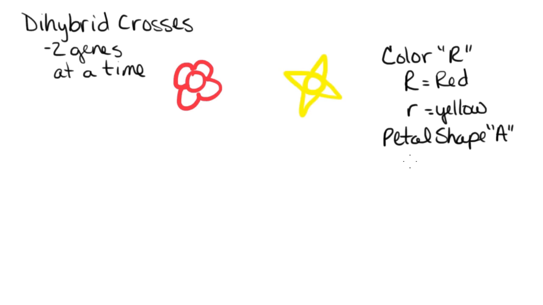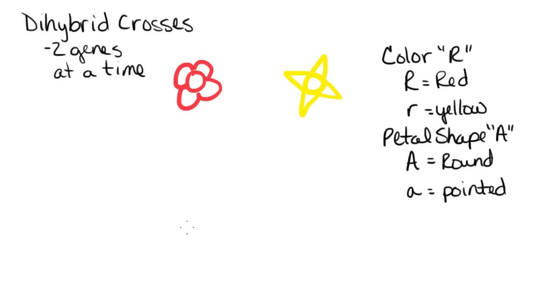If you do use letters where the capital and the lowercase versions look very similar, a lot of times you do end up making careless errors along the way. So I'm going to stick with A here. I've got a capital A and a lowercase a. Capital A is going to be the rounded, and lowercase a is going to be pointed petals.